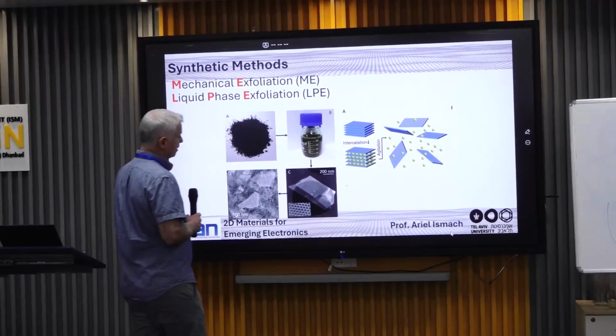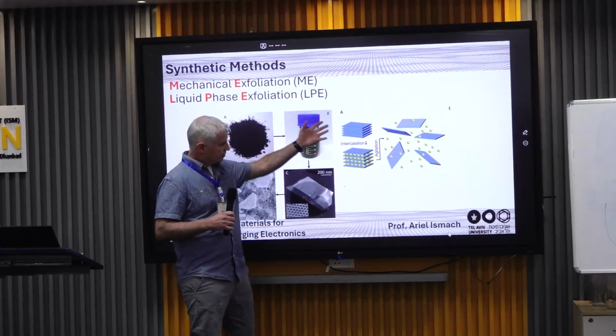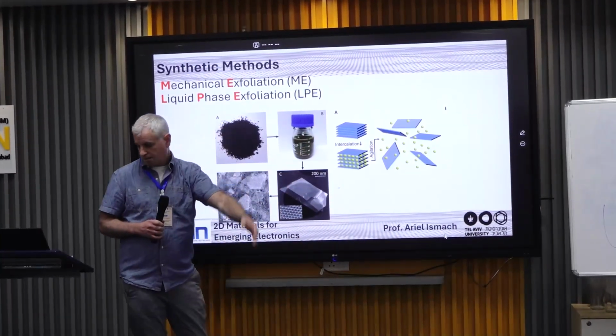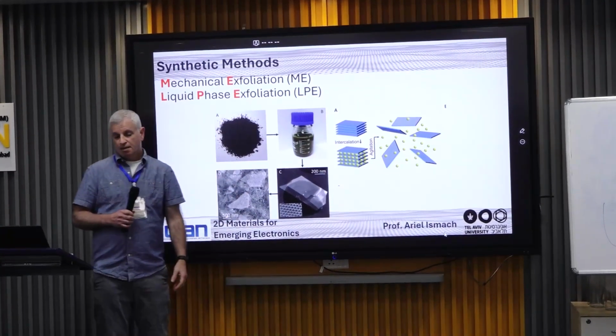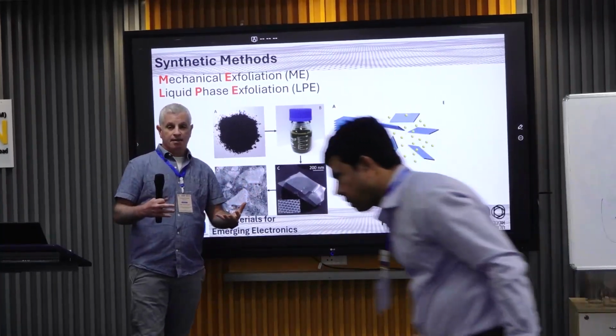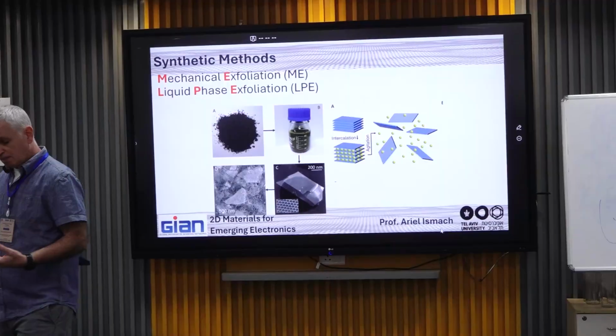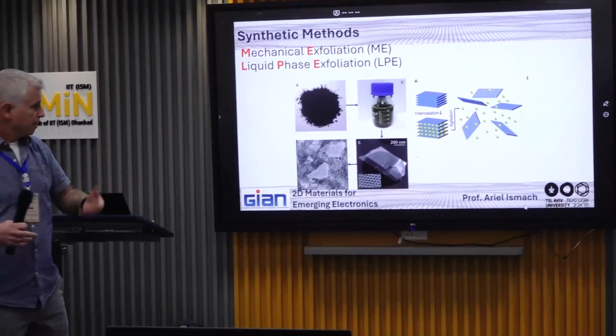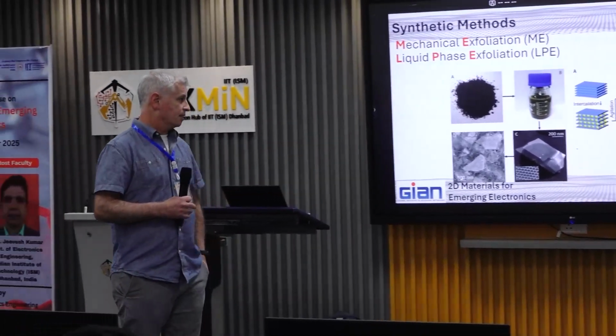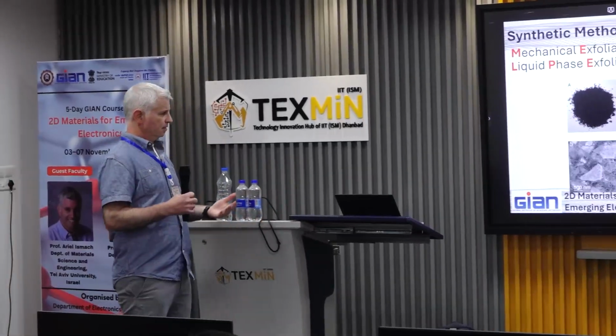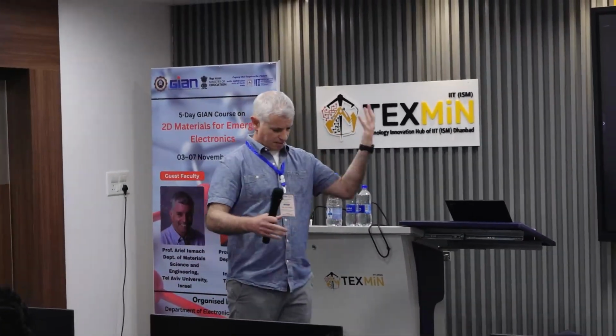And the idea here is that you take again the 3D crystal, the same 3D crystals that I showed you before. You intercalate them with some compounds, and therefore, with many processes of sonication and many others, you can exfoliate them in solution. And that's why it's called liquid phase exfoliation.